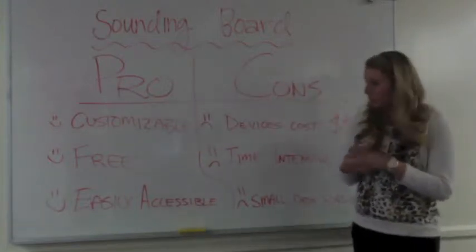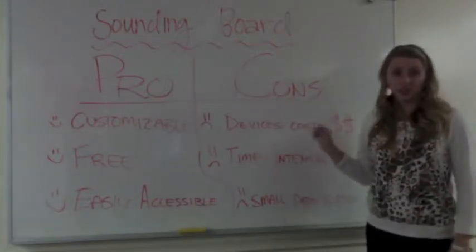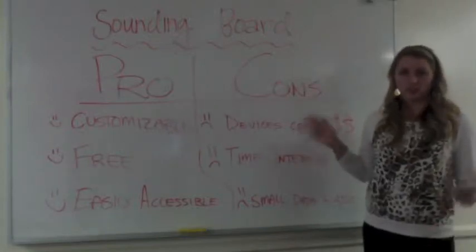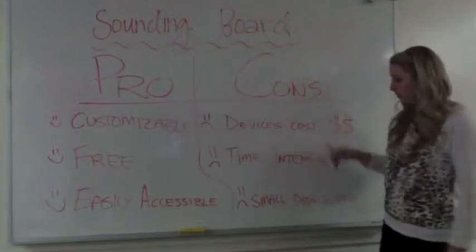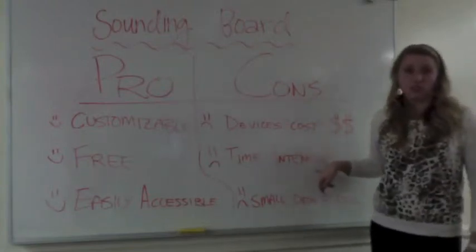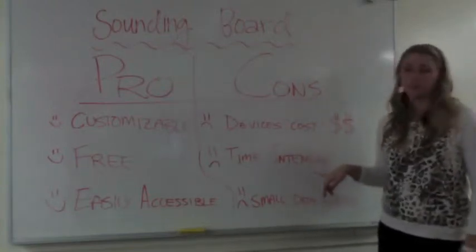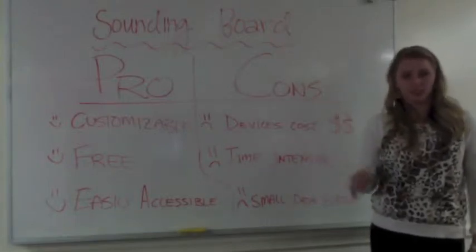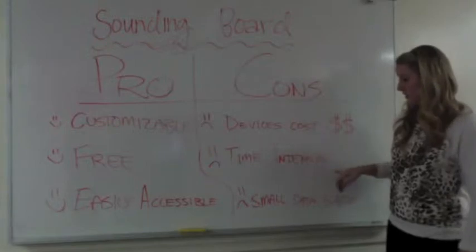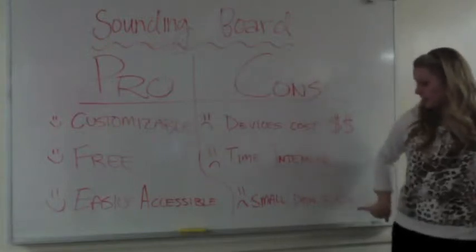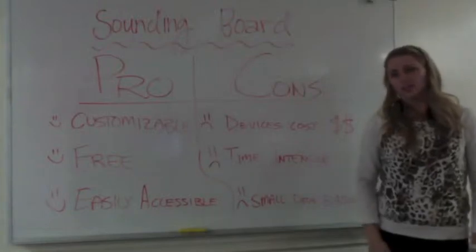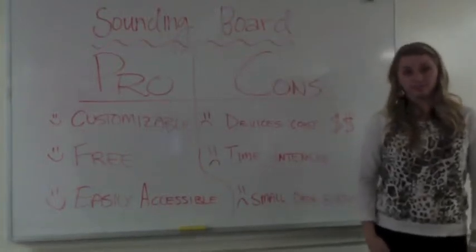The cons that we came up with are that the devices themselves cost money, and they're not very kid-friendly, so they can break easily if you're not careful. It's time-intensive: if you have to personalize all the boards and make different voices, that can take a lot of time as a parent or as a teacher. And another thing is a small database. There are a few boards in there, which are great, but probably not as many as you need.